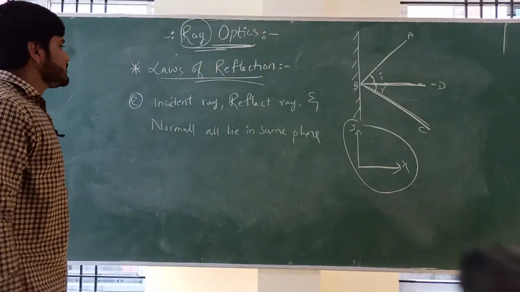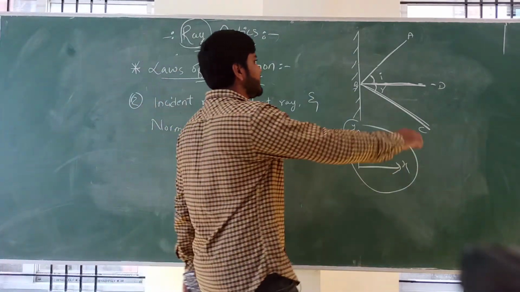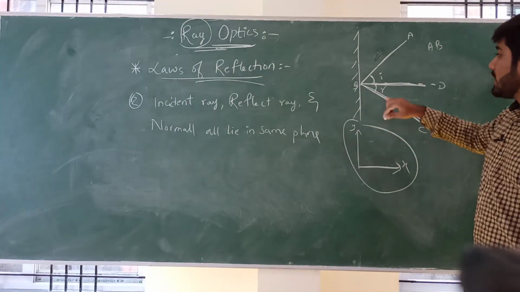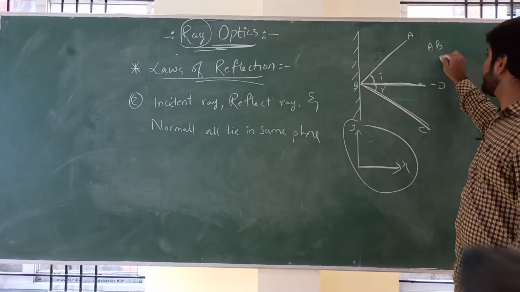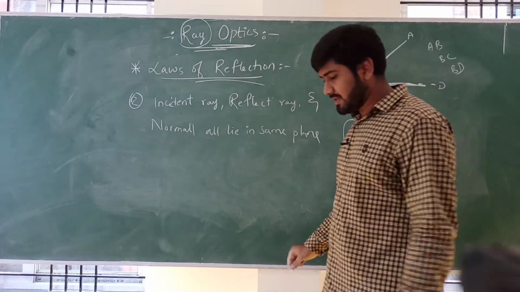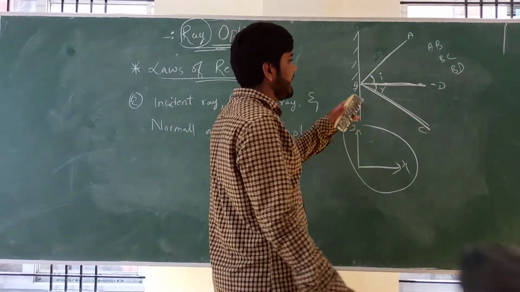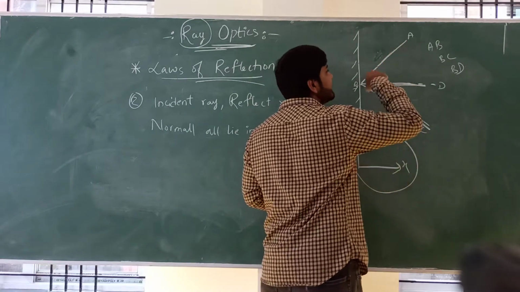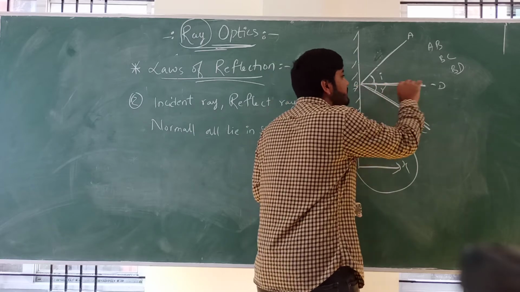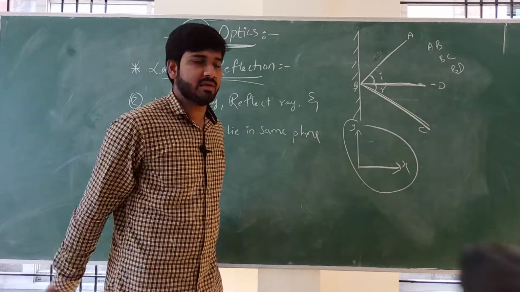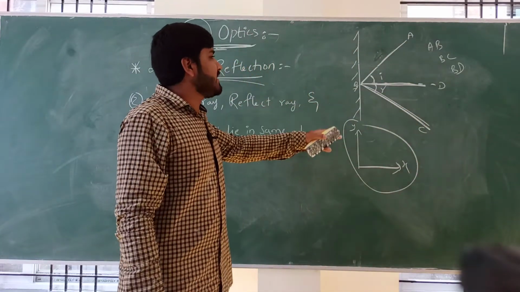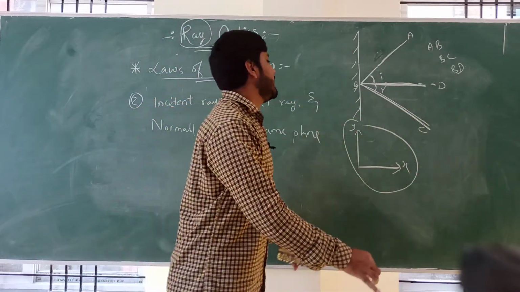So what the second law says, incident ray means this ray, this is AB, incident ray AB, again reflected ray, that is BC, and normal, that is BD, all lie in the same plane. Means if incident ray is in XY plane, then the reflected ray and the normal will be in XY plane only. Now if the incident ray is in YZ plane, then reflected ray and normal both are in the YZ plane only.